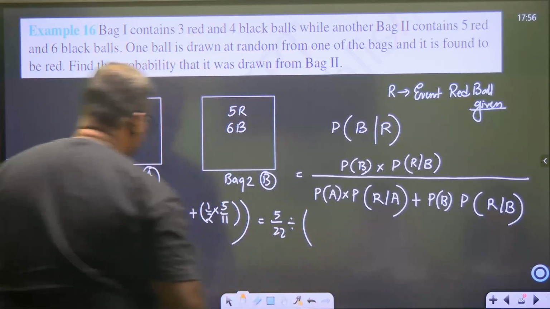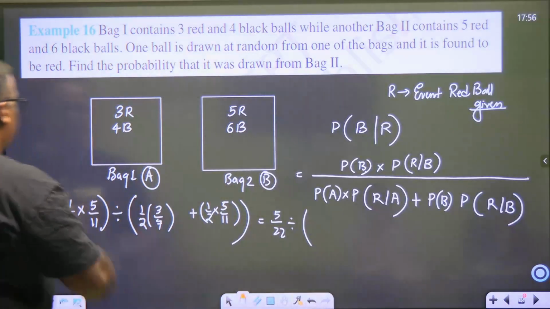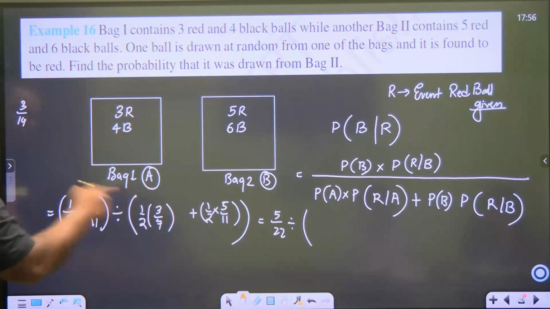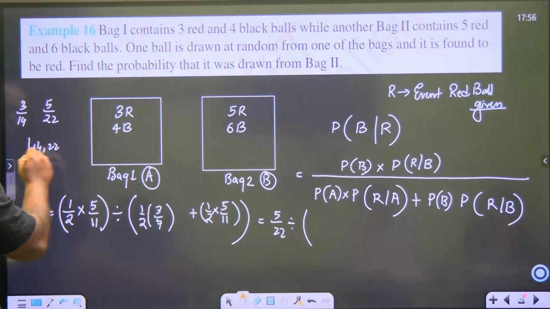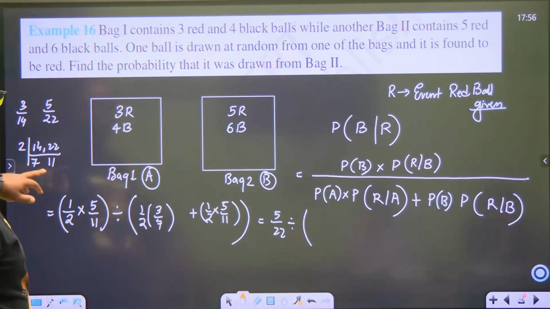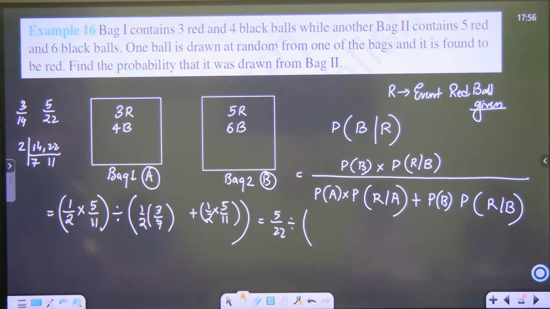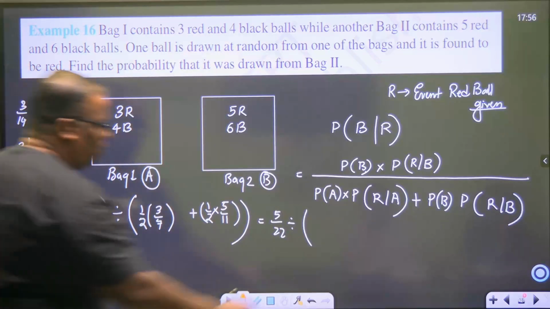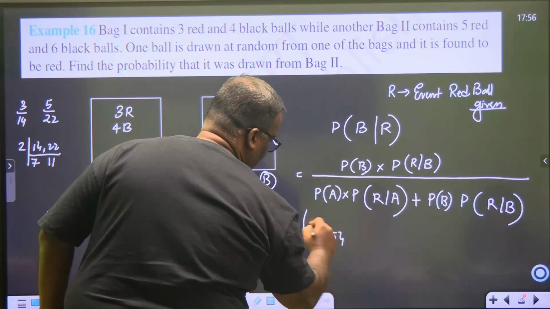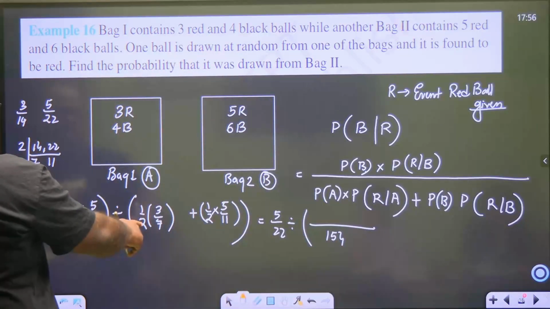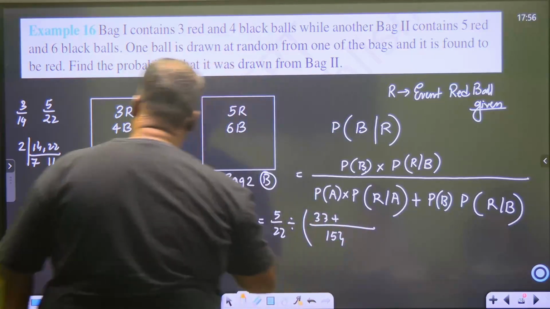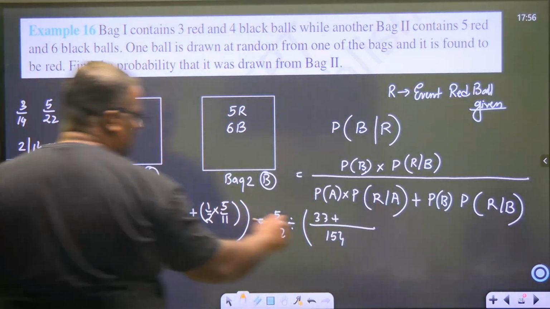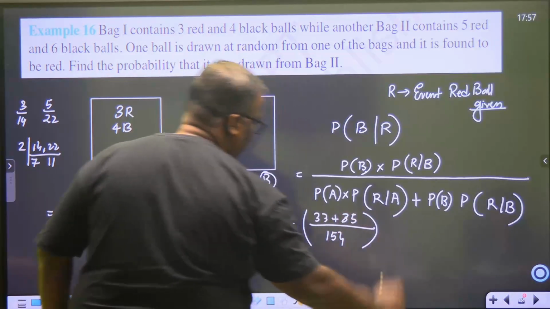Divided by, let's see this. This is 7 2s are 14 and 3 1s are 3, so you have 3 by 14 and on this side you have 5 by 22. So if you see, LCM of 14 and 22: 2 7s are 14, 2 11s are 22, right? So 11 7s are 77, 77 into 2 is 154. So this is 154, and with 154 you will be adding how much? 11 3s are 33, and 7 5s are 35.